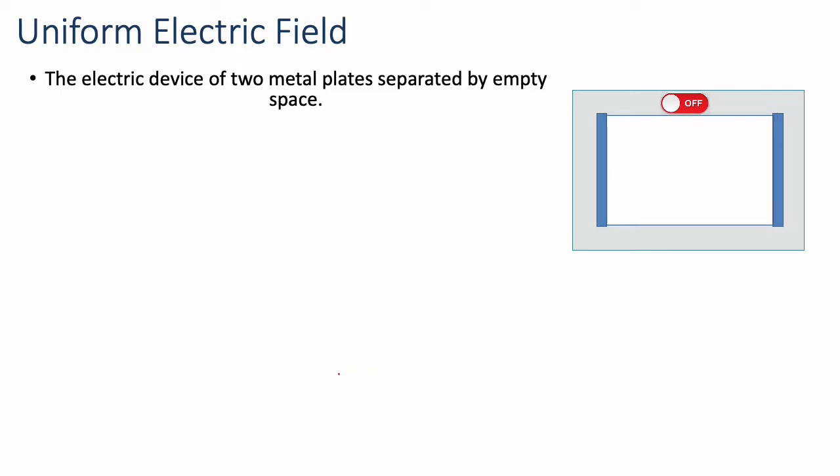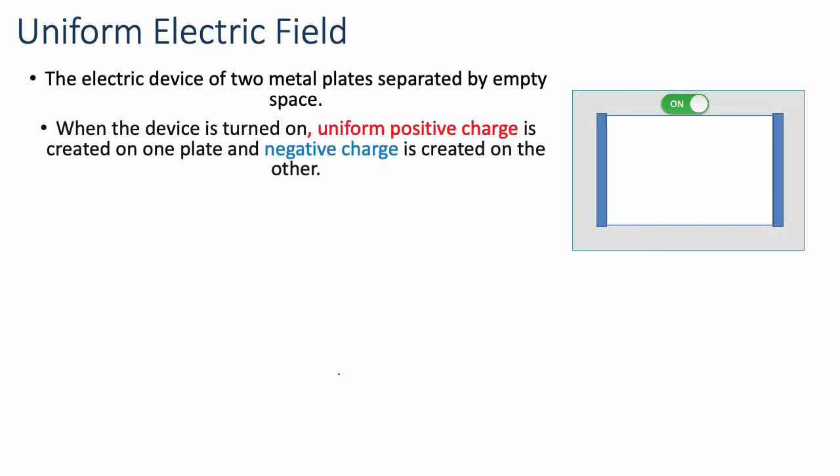When I press on this device, what happens is that there's going to be an accumulation of positive charge on one plate and accumulation of negative charge on the other plate.